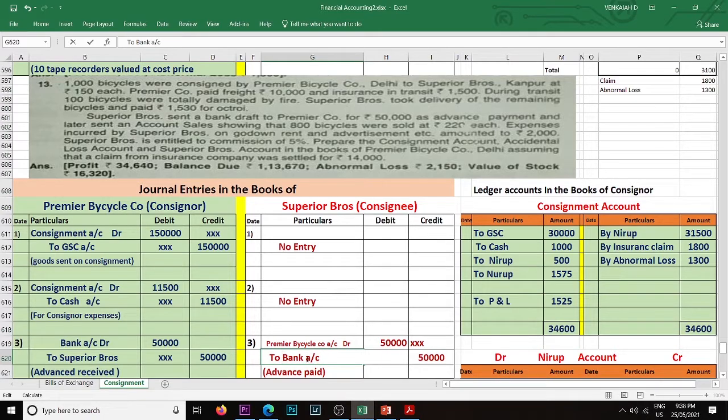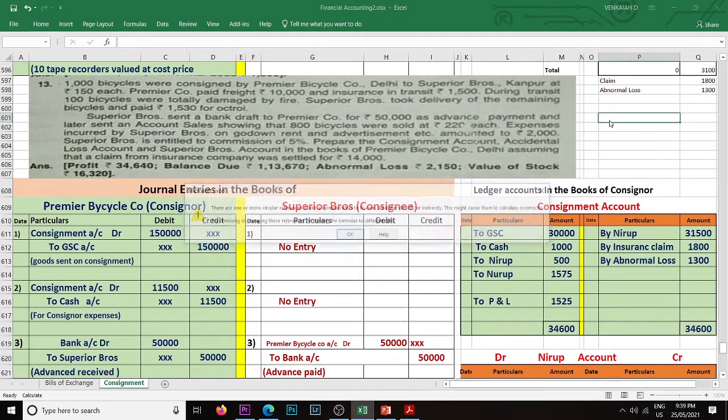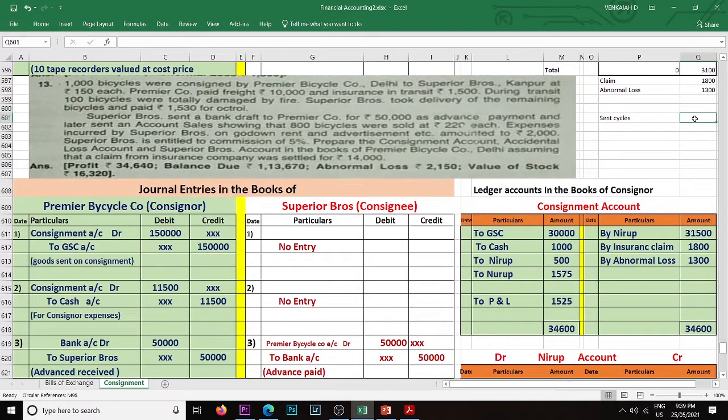Students, hope you are remembering the journal entries and following me. 50,000 advance payment and later sent an account sale showing that 800 cycles were sold at the rate of 220 each. You have to remember, students, sent how many cycles? Sent cycles are 1,000. Damaged in transit 100.